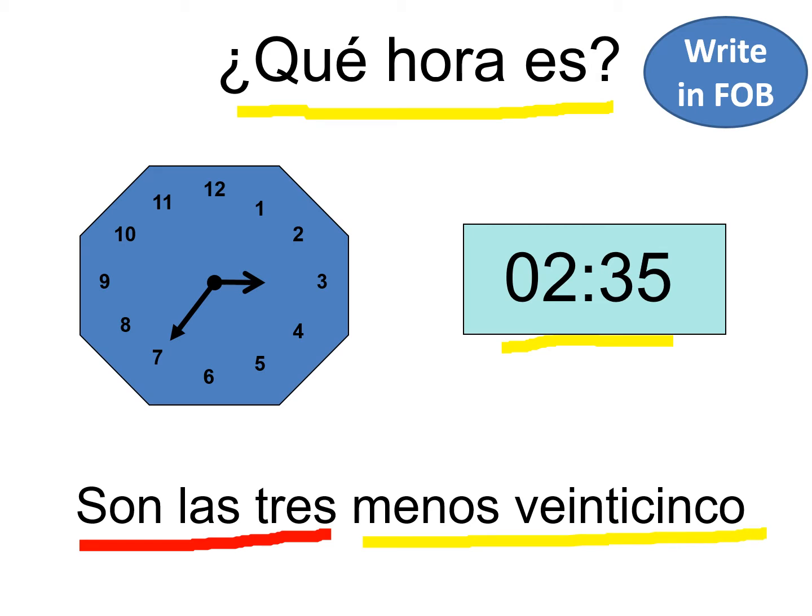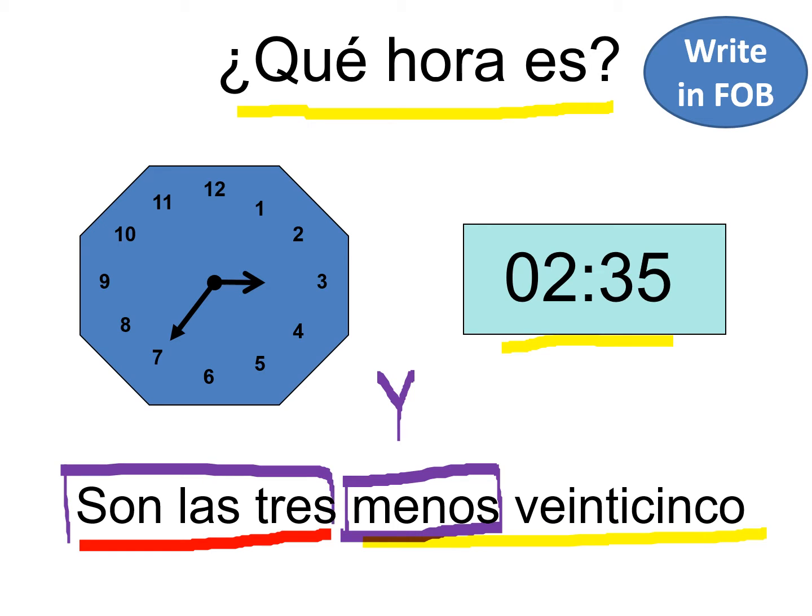This time, because it is to the o'clock time, instead of using E, do you remember that we were using E when expressing the past time? Well, in this time, to express the time to, we are going to use menos. So menos is going to be placed in between the o'clock time, which goes first in the sentence, and the minutes. This is the only thing that you need to remember.